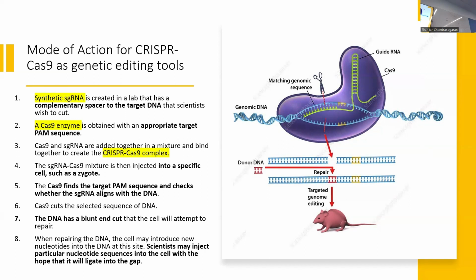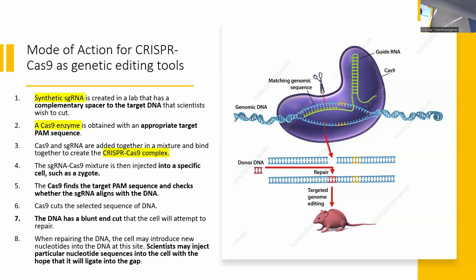Yeah. So it has a complementary spacer to the target DNA. Remember that guide RNA was originally a spacer that has been transcribed and then it folds into a hairpin loop to become a guide RNA. So this single guide RNA will have the sequence that is complementary to the target DNA.